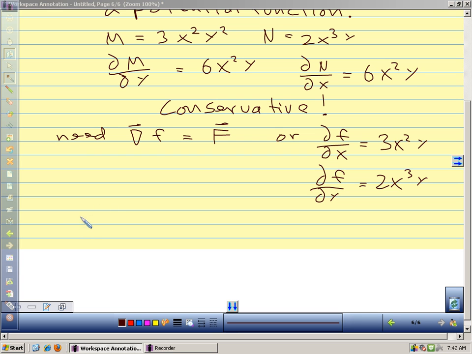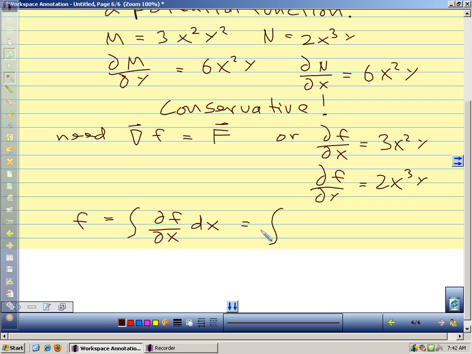So our function f has to equal the integral of df/dx dx. We're plugging this function in here.